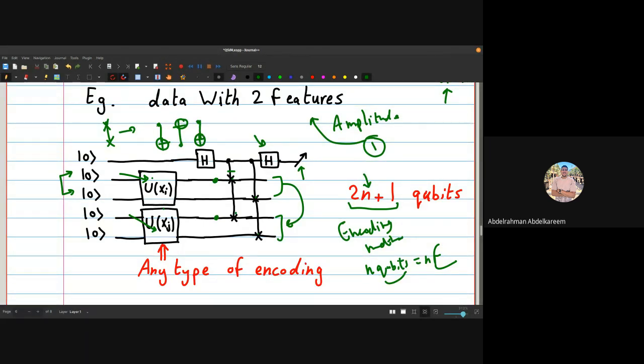Okay, 3 CNOTs. So imagine the swap gate itself is controlled. We need to add a control for each CNOT, so it turns into a Toffoli gate. Can anyone tell me how many CNOTs are in one Toffoli gate?